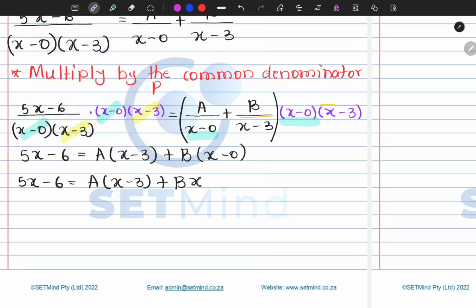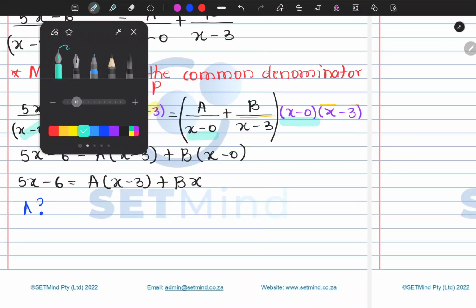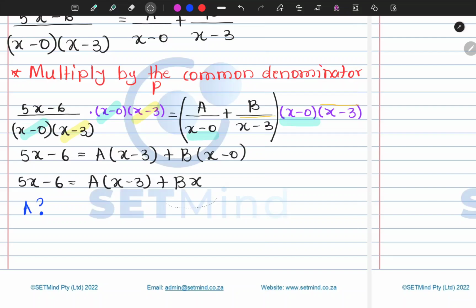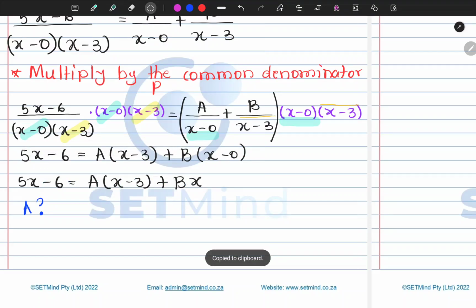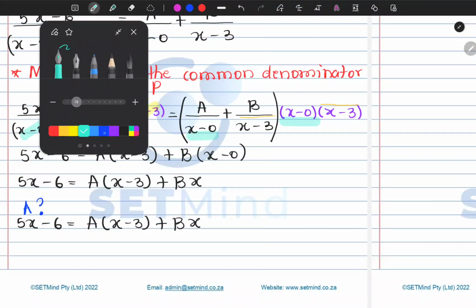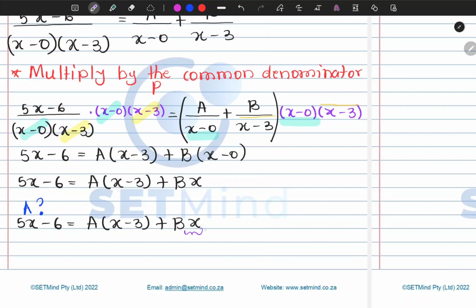So now let's go ahead and figure out what is a. And if you look carefully, since I'm looking for a, what I ideally do not want to see is b, because I'm looking for a. So I do not want to be disturbed by b. So the easiest thing I can do is if I set x to be 0, the b will be multiplied by 0 and in turn disappear.